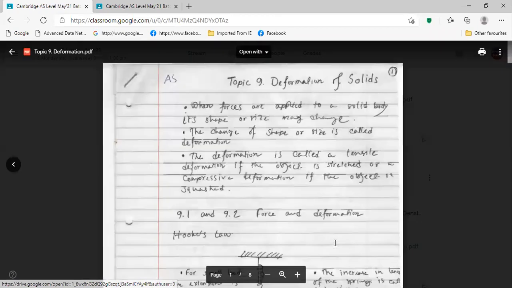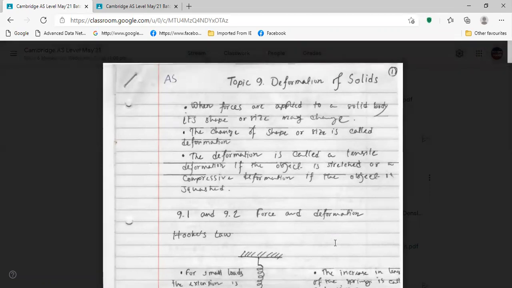Now topic 9, deformation of solids. This deformation: if the object is changing shape, that is called deformation, right?